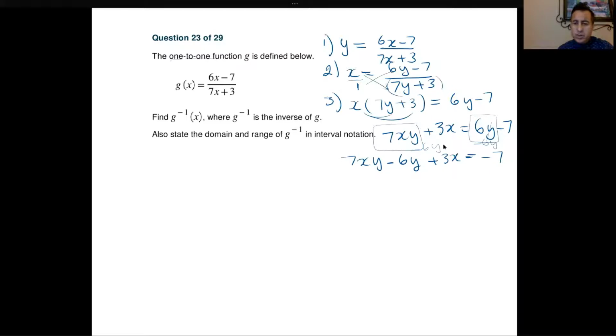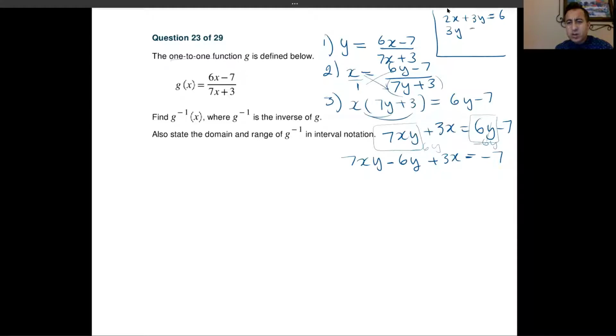Now, this is important. You've done something in the past like 2x plus 3y equals, let's say, 6, for a line, and you're trying to isolate y. In that first step, you probably used the idea that you need to subtract 2x.